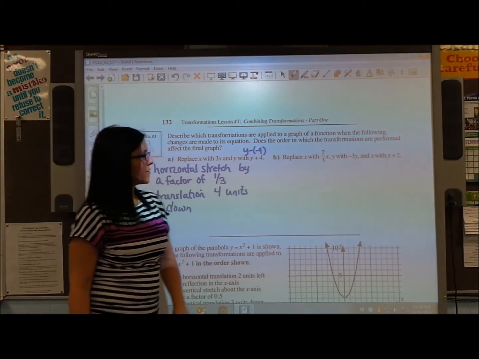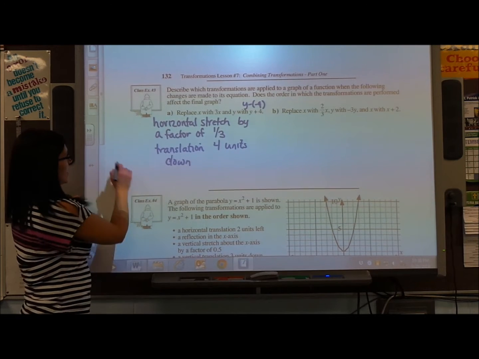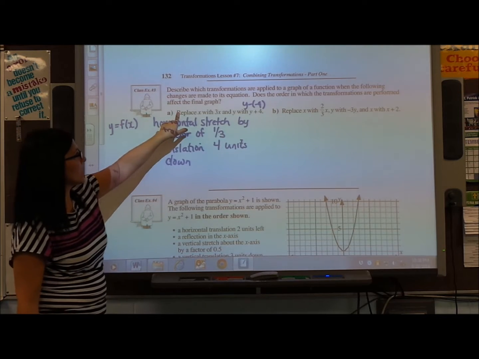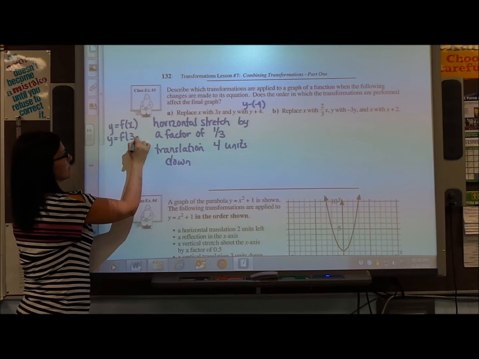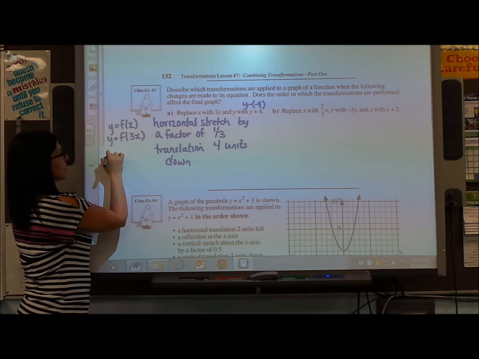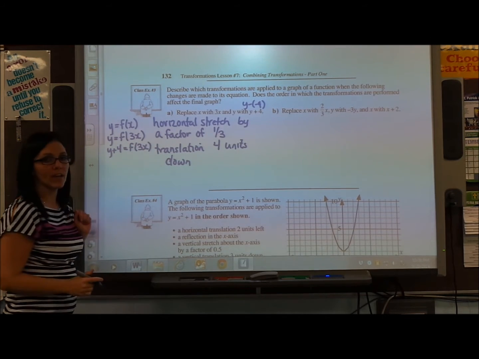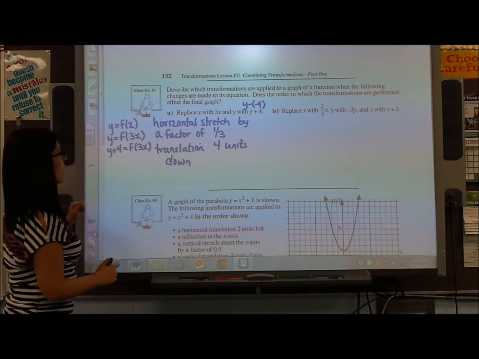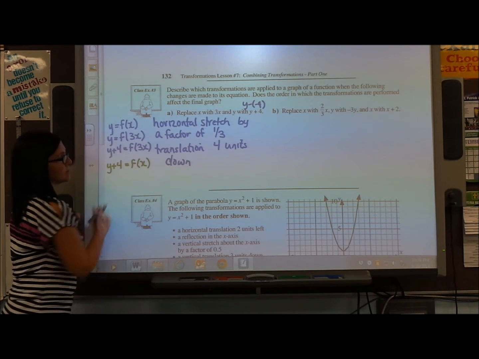Does the order in which the transformations are performed affect the final graph? Well, let's check. If this was y equals f of x, if I replace x with a 3x, I get y equals f of 3x. If I replace y with a y plus 4, this is the graph I get. If I reverse it, if I replace y with a y plus 4, I get this.